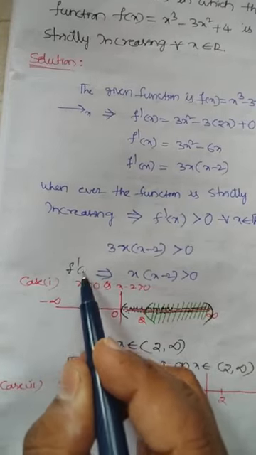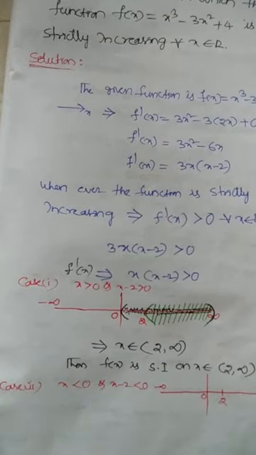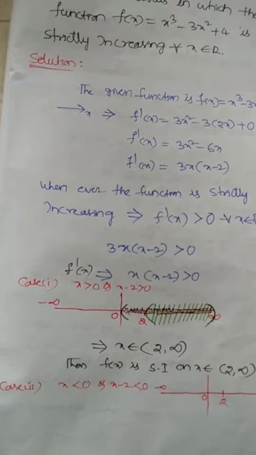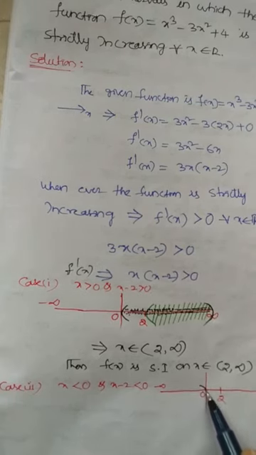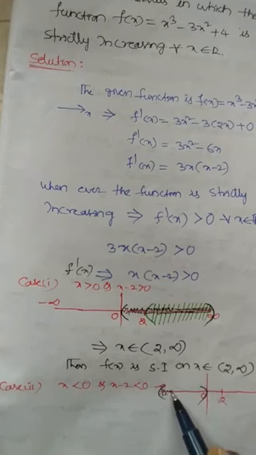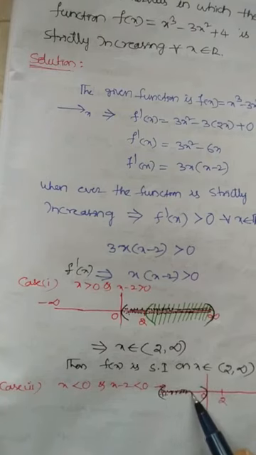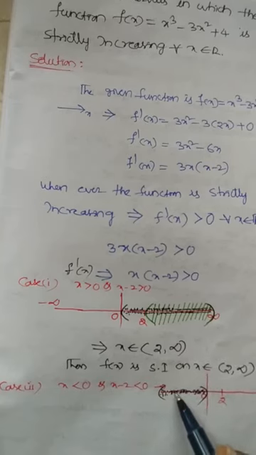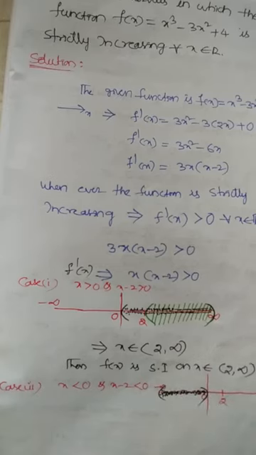Now let us check the second case as we did in our previous class. x less than 0 means from 0 to minus infinity. In this case the x value must be less than 0, so all these real numbers satisfy x less than 0, the black dotted lines. Now x minus 2 is less than 0.